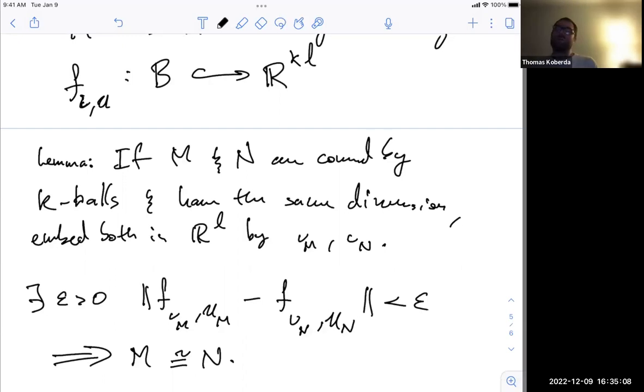If all you have is the homeomorphism group, how do you know what the balls in M are?